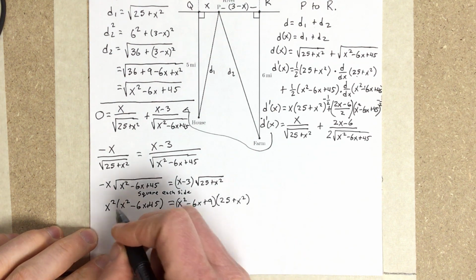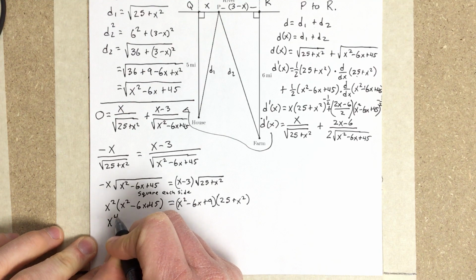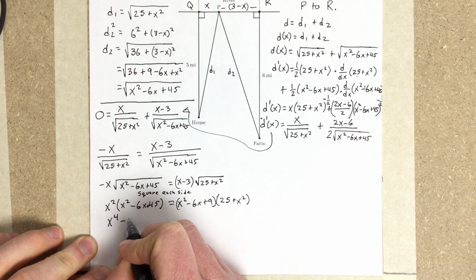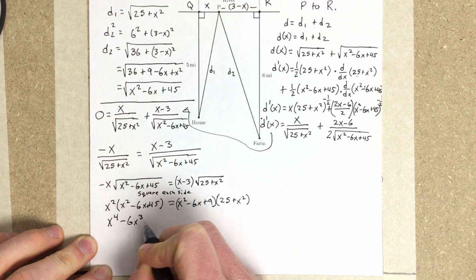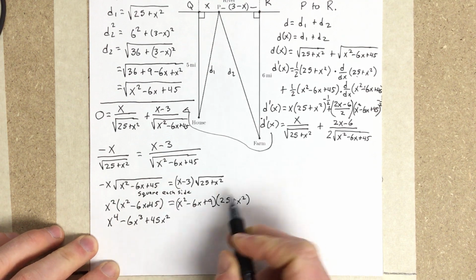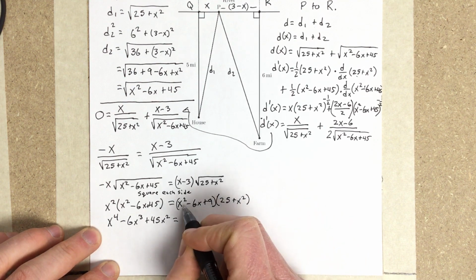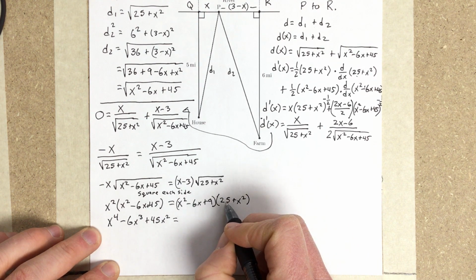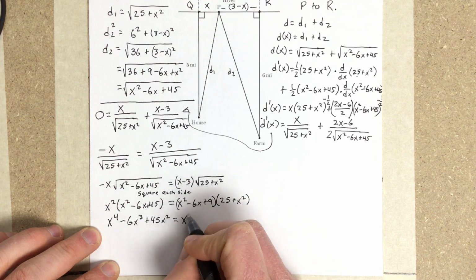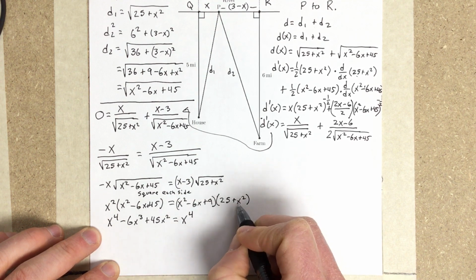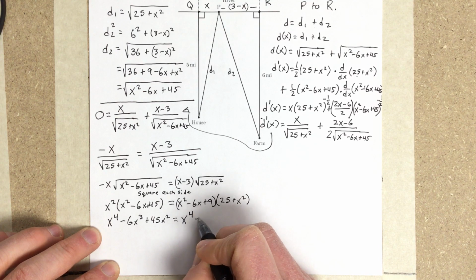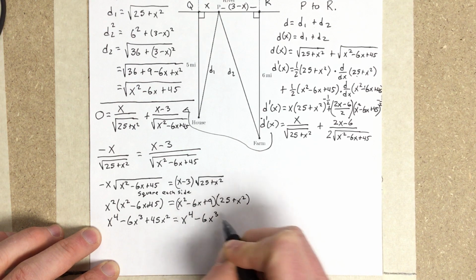So we end up with x to the 4th minus 6x cubed plus 45x squared. When we multiply on the right side, x squared times x squared is x to the 4th. X squared times negative 6x will be negative 6x cubed.